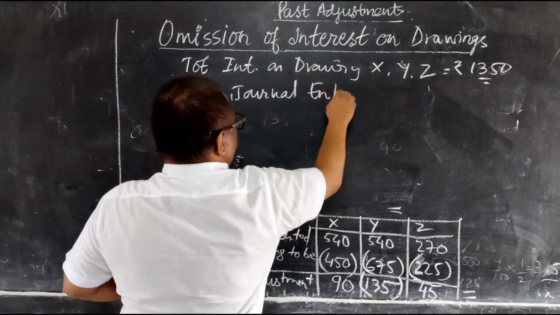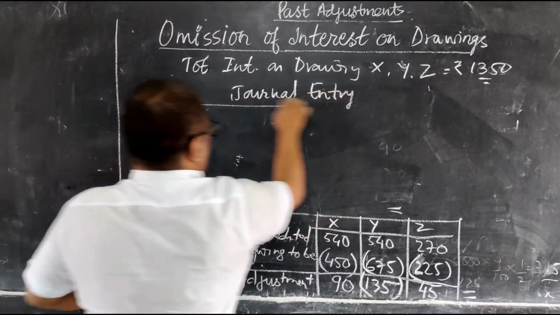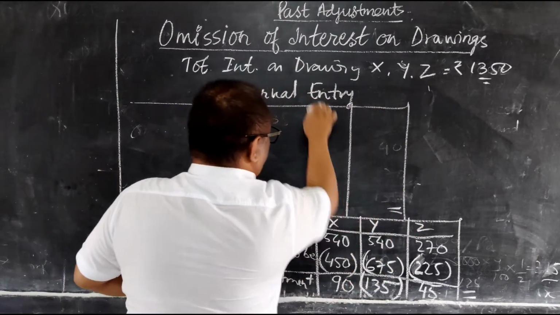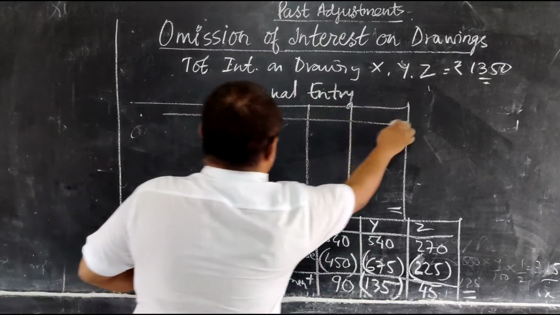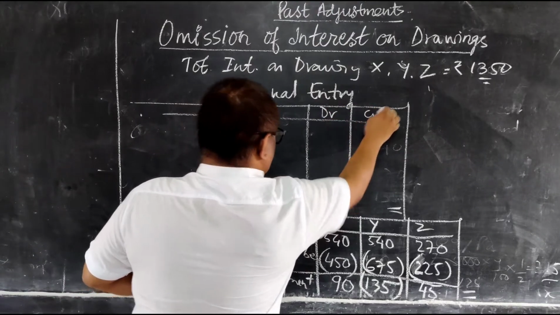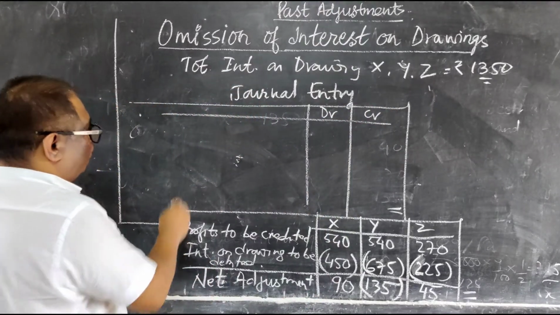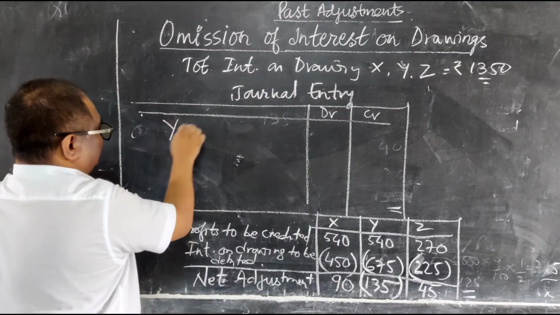A single journal entry to pass this adjustment will be here. Which capital account is debited? Y capital account. This is the fluctuating capital method.